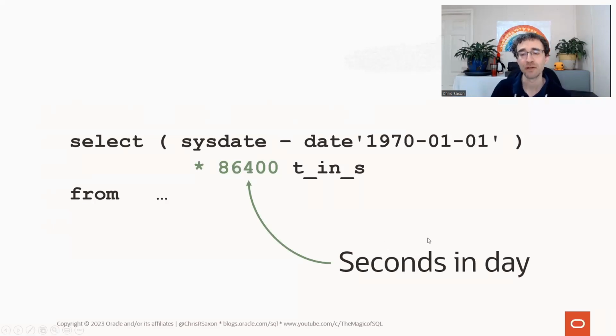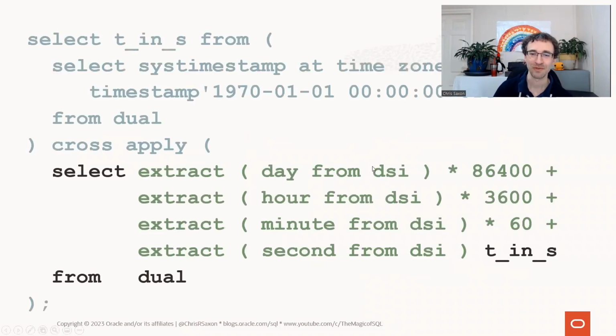And if we want it in hours, you multiply by the number of hours in a day, so 24, and so on and so forth. Things are a bit more interesting when it comes to timestamps, because we can't just multiply this up. We've got to extract out all the specific components that we actually want out of that timestamp. So we've got a timestamp and we want its duration in the epoch, and we've got an interval.